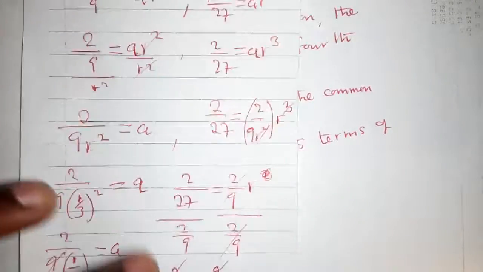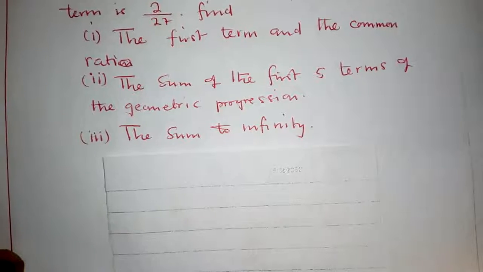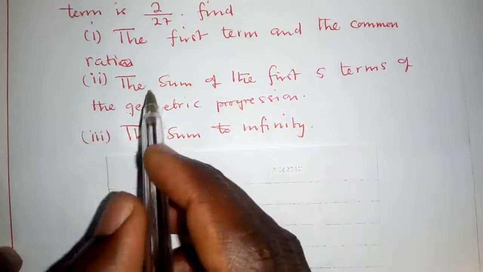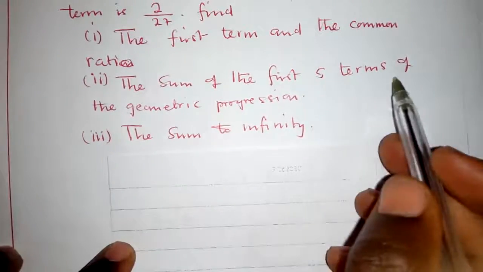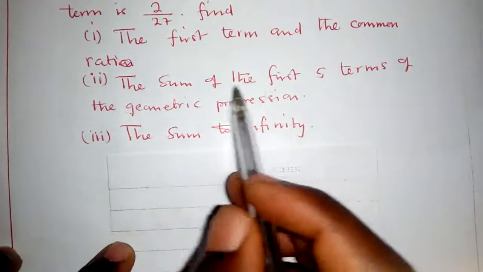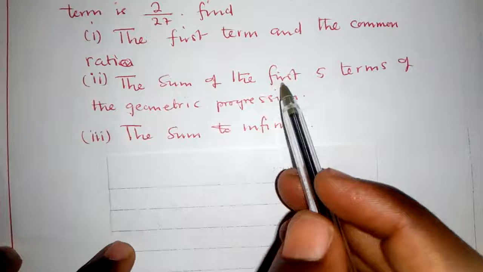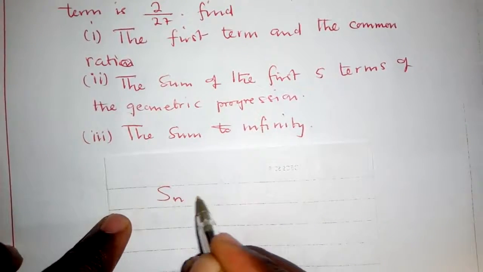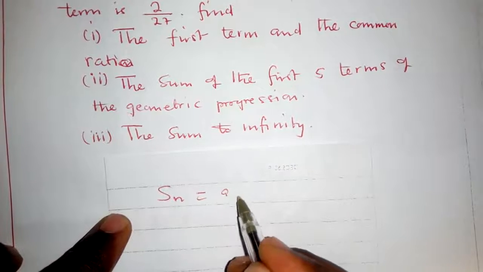So we go to the next question. This one, number 2, the sum of the first 5 terms; the sum to infinity is over here. Now the sum of the first 5 terms. So we write the formula. The formula looks like this.